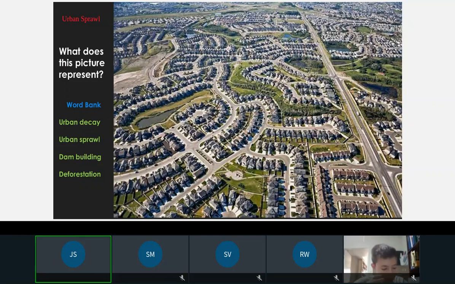Deforestation is definitely a problem because you're going to chop down the trees to make more room around. Yes. What else? How about pollution? As you have more homes being built, more people, you have the growth of huge pollution problems, right?